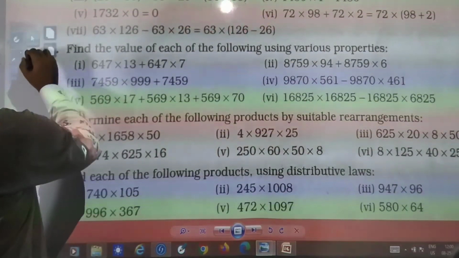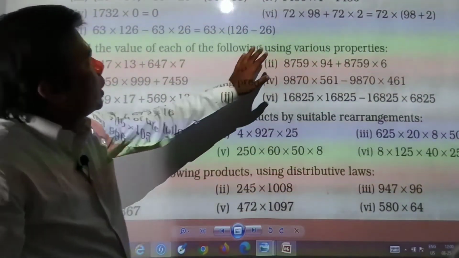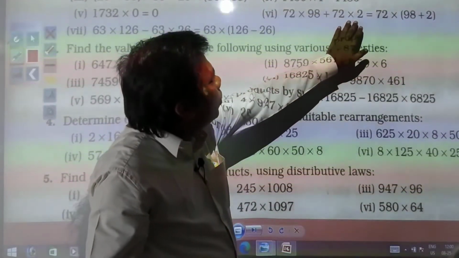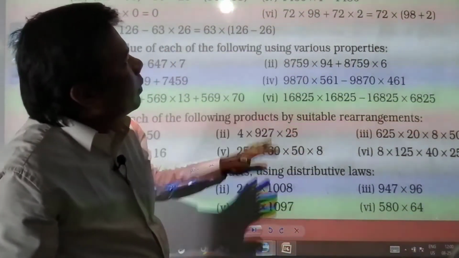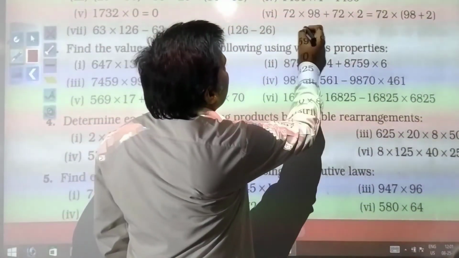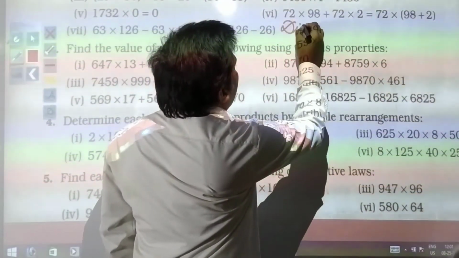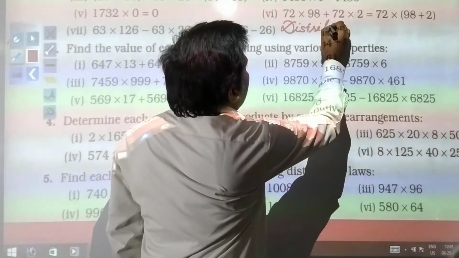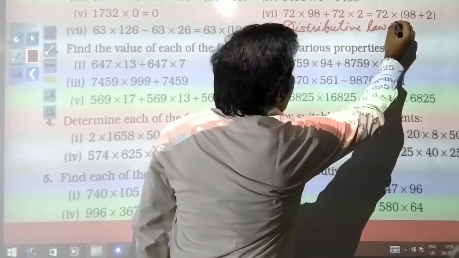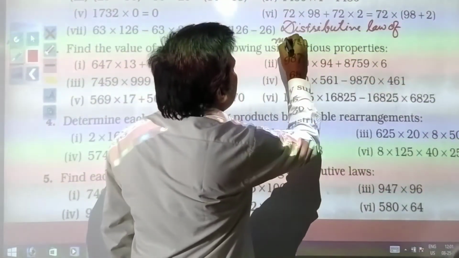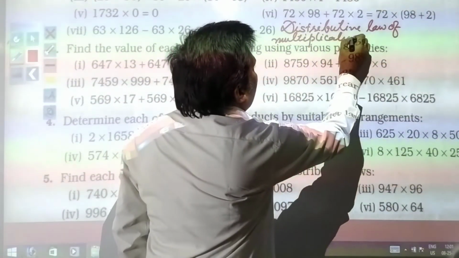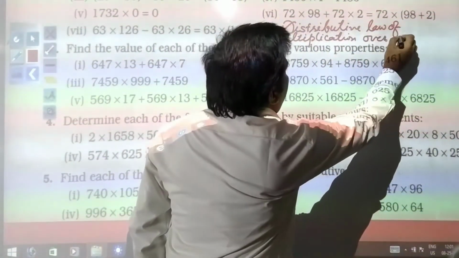Next you have 72 into 98 plus 72 into 2 is equal to 72 into 98 plus 2. This is distributive law of multiplication over addition.